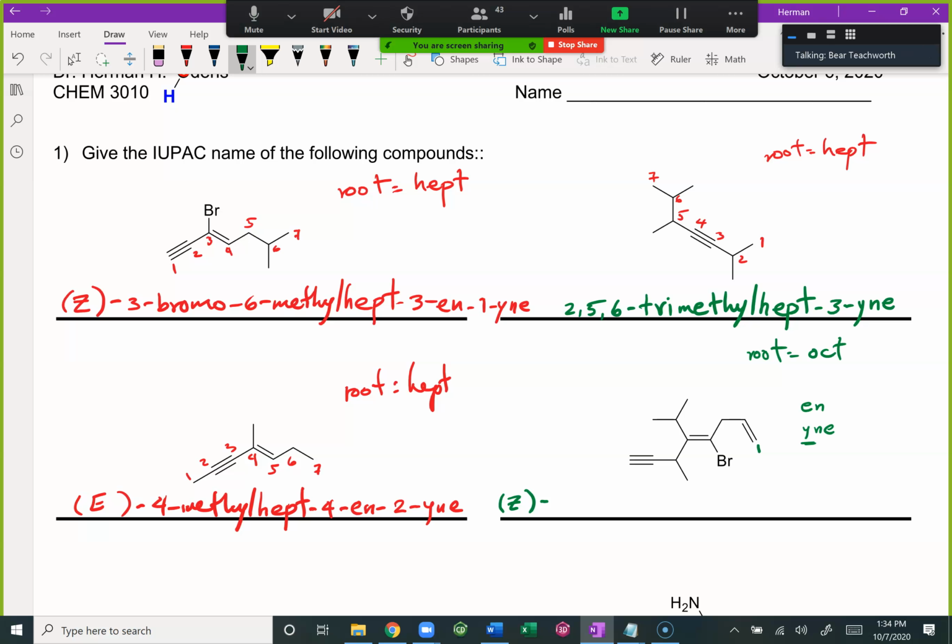So that is the reason why the ene wins the priority. It's just the alphabet. When the functionality is on both ends and they're competing, the alkene always beats the alkyne.